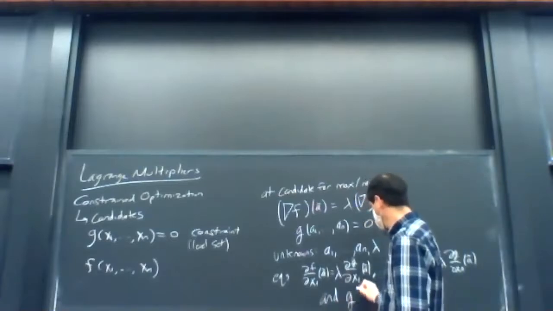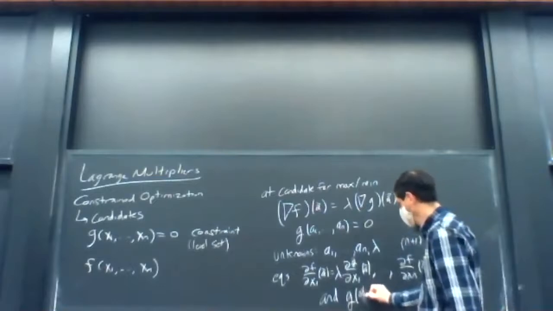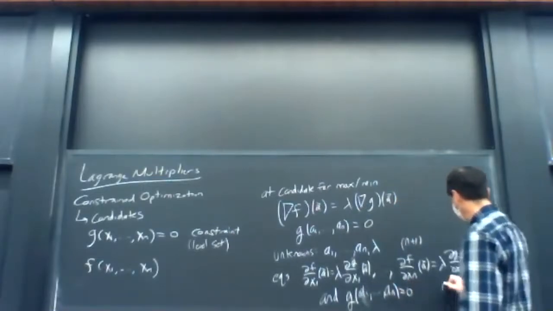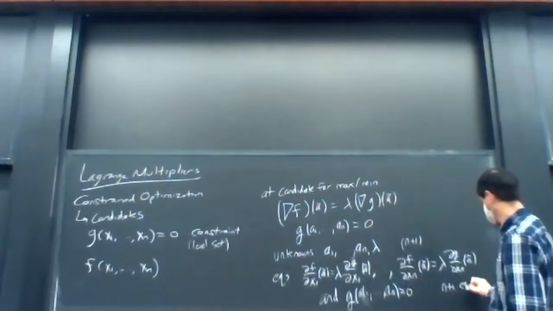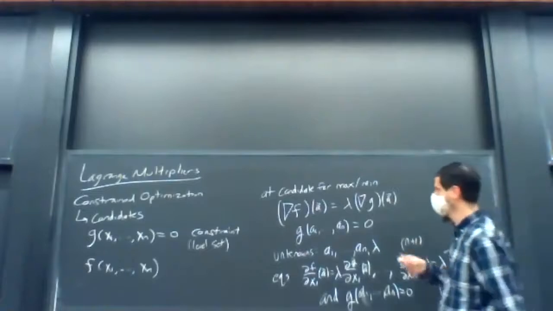And I still have my equation, my constraint g of a1 through an equals 0. So I do have n plus 1 equations. So I have as many equations as unknowns. So I believe that there is a chance.